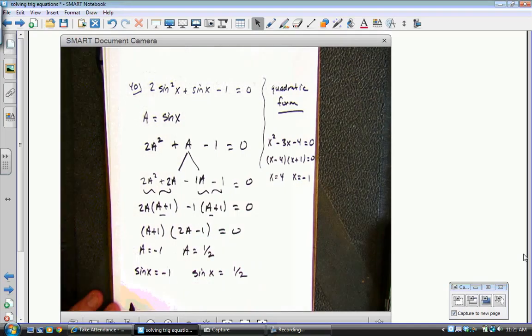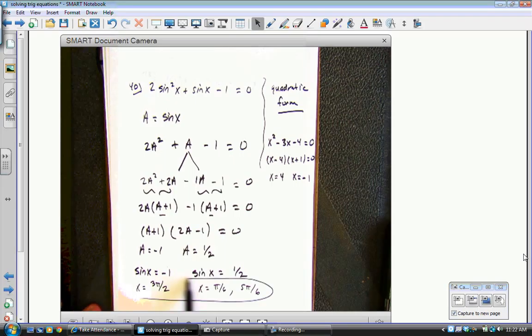So none of that stuff where we get millions of solutions. Just a few nice solutions here. Where's sine negative 1 at? Yeah, okay. And where's sine 1/2? Pi over 6 and 5 pi over 6. So we've got 3 solutions there.